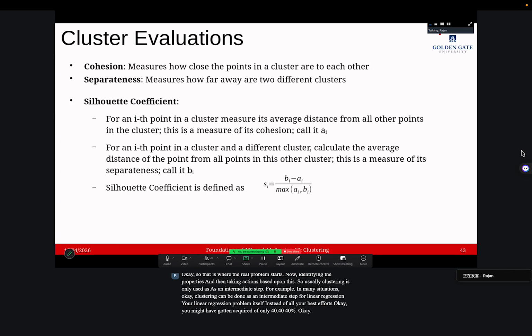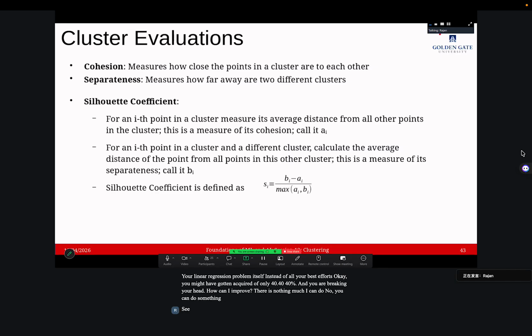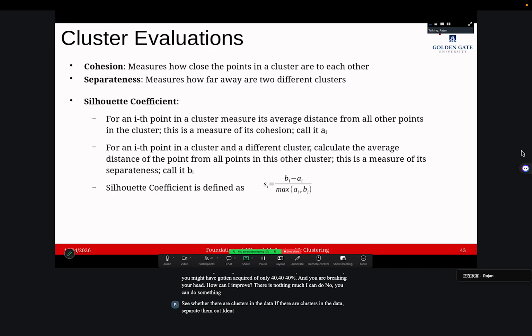And you're breaking your head: how can I improve? There is nothing much I can do. No, you can do something. See whether there are clusters in the data. If there are clusters in the data, separate them out. Identify the clusters and build models for each of these clusters. And now you would see your R squared value actually increases, and sometimes dramatically.